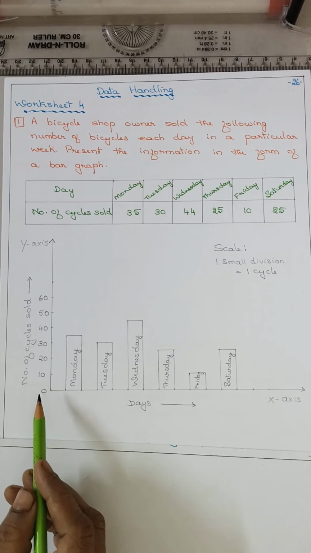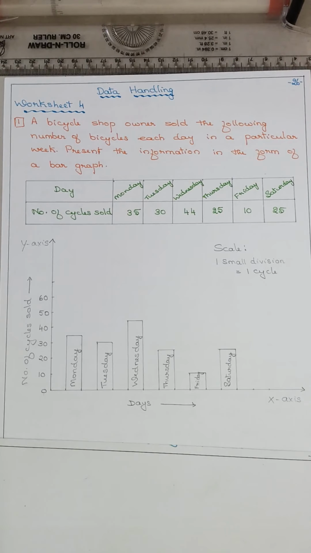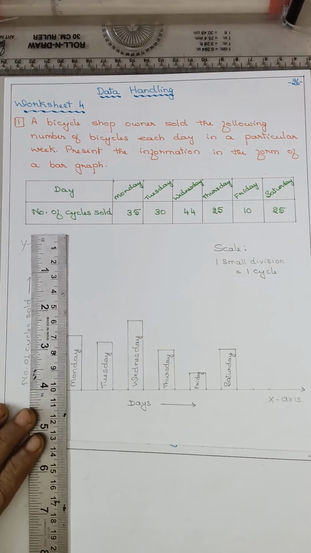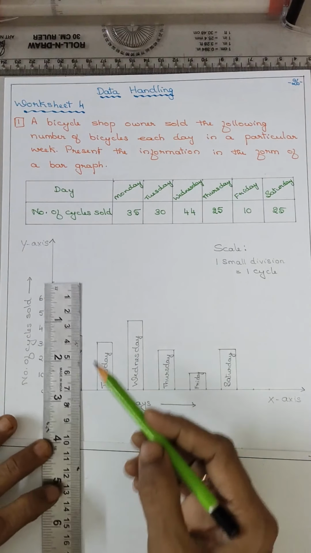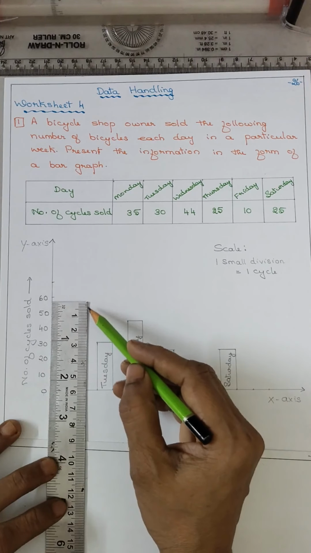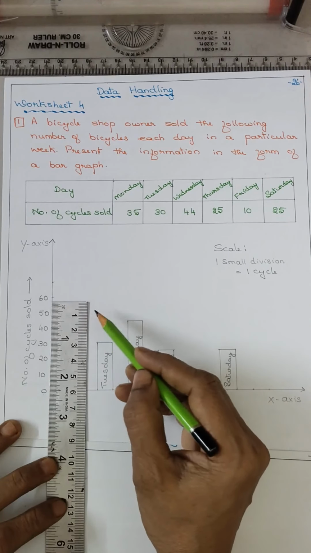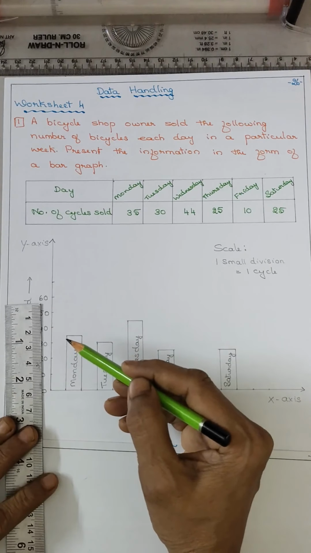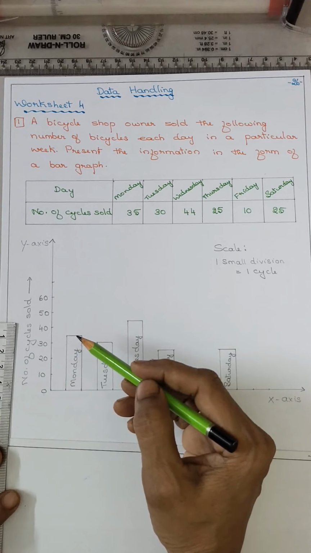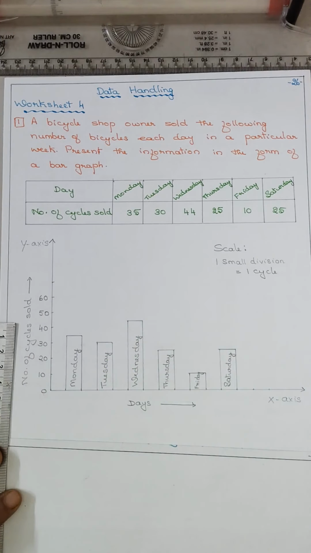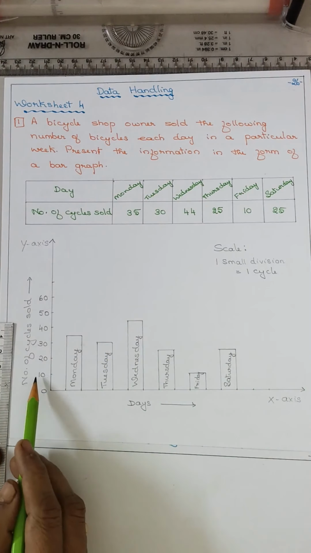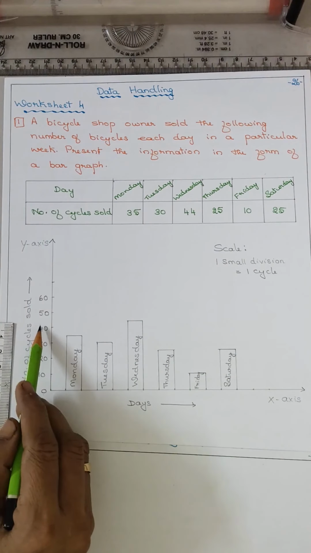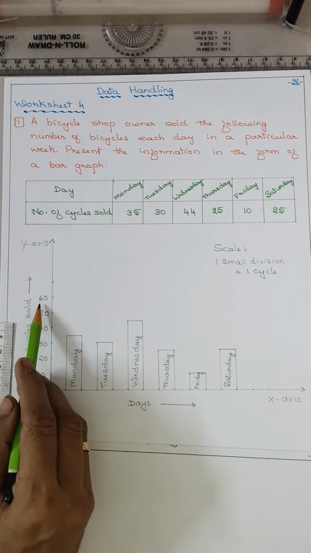Just like on the scale, if the scale is 1 centimeter, the 1 centimeter is divided into 10 millimeters. Like that, on the graph paper also you have such markings. So you take 0, 10, 20, 30, 40, 50, 60.